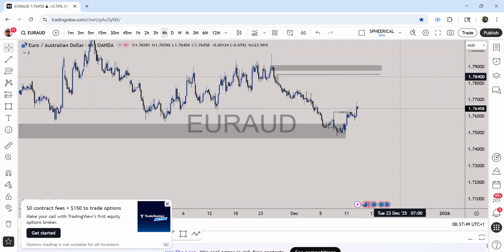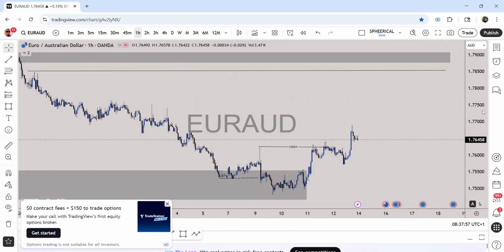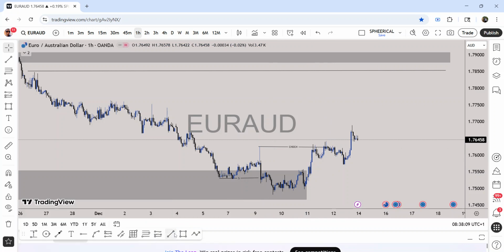So let's just go down to 1 hour and find where our entry will be. Like I said before, this is a sweep. The market has swept liquidity and it has reversed and made a change of character. And also, there's another liquidity sweep here.